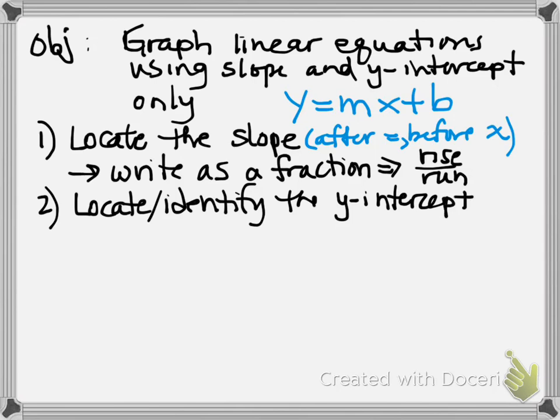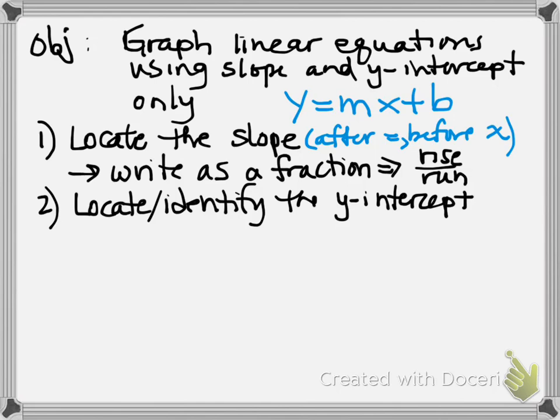Sean, describe to me in that equation, where are you going to find the y-intercept? The general form y equals mx plus b. Where would the y-intercept be located in that equation? Okay, be specific. Where is it going to be located? I like the word after. Nope.